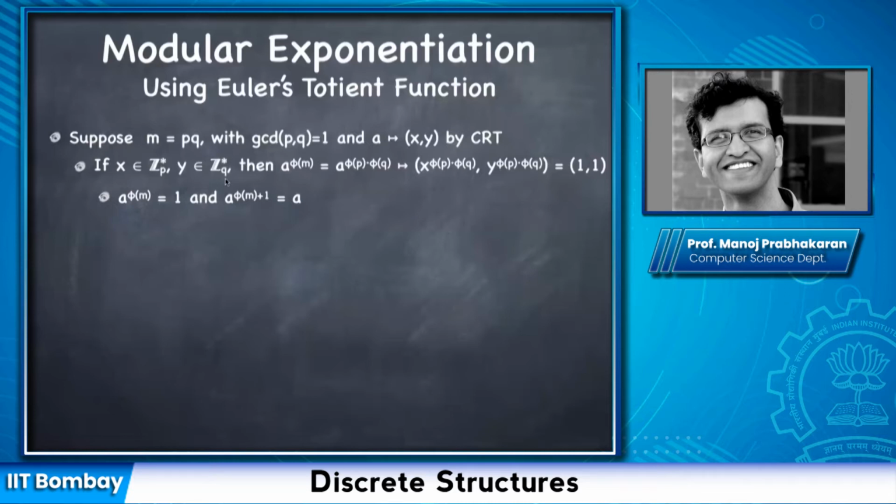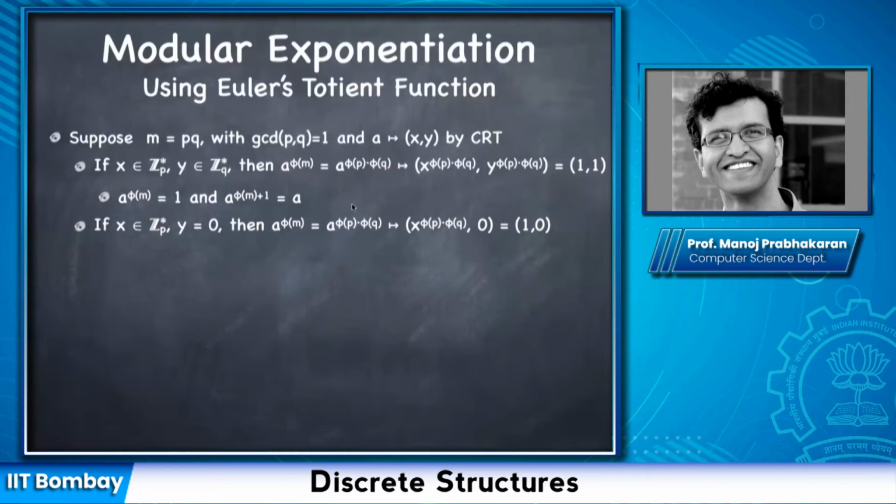We'll consider a particularly interesting special case of that, which is suppose one of them does belong to Zp star. The other one, y, is actually equal to 0, and therefore in particular is not in Zq star.